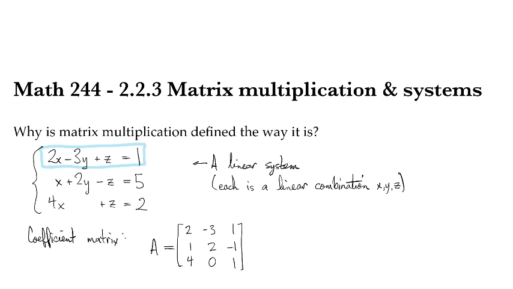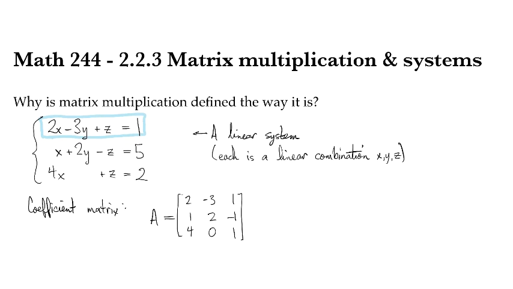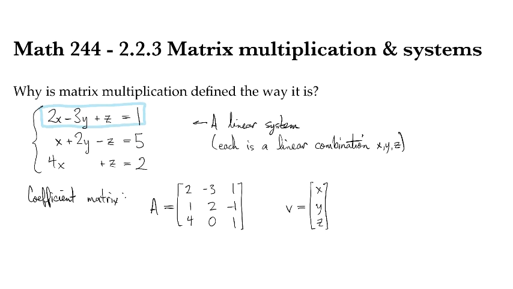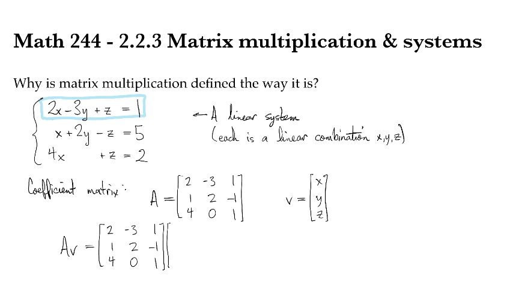Okay, so now let's take the vector v to be the vector of unknowns, x, y, and z. Then if I look at A times v, this is going to be the product of this matrix with this vector of unknowns, x, y, z.